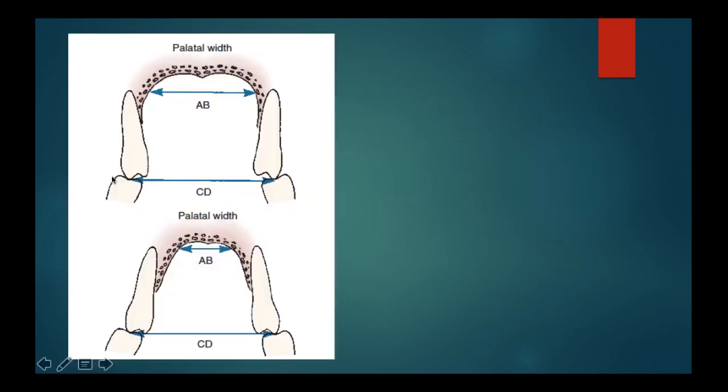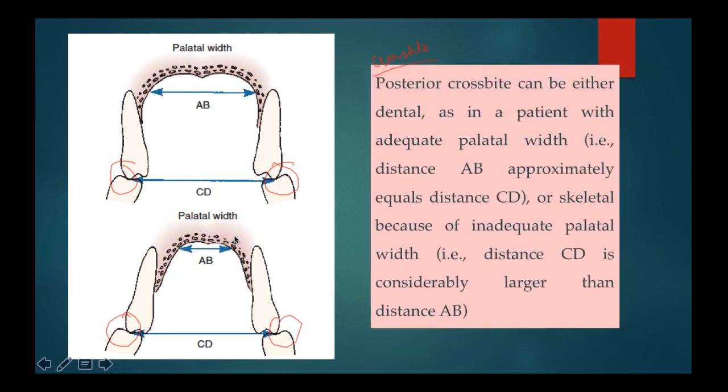Now this is a typical image that signifies a problem. We have to identify which is the dental one and which is the skeletal one. In both the images, we can see the presence of crossbite. So let's see.